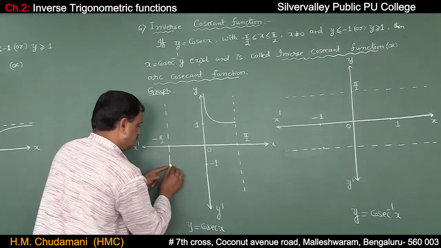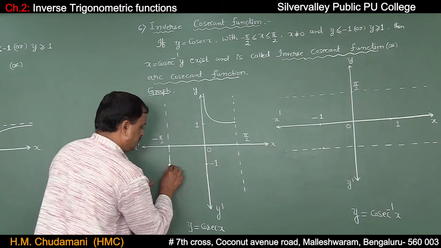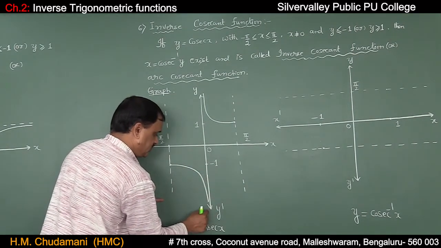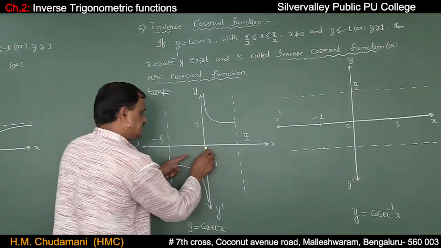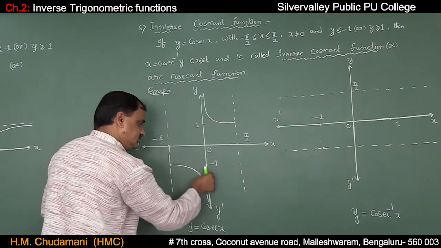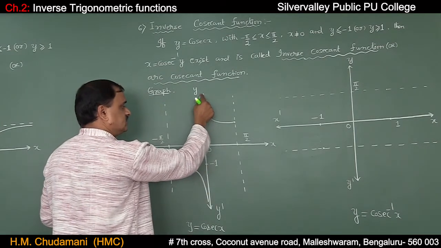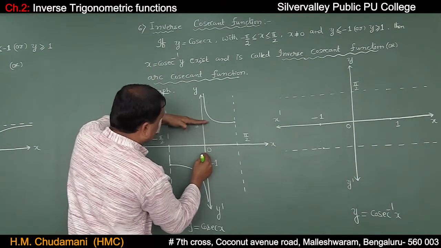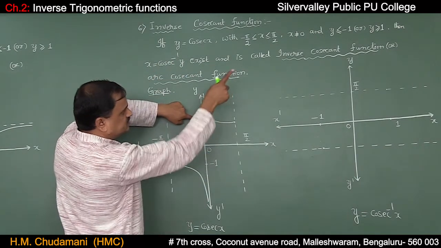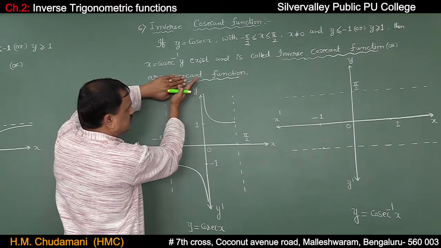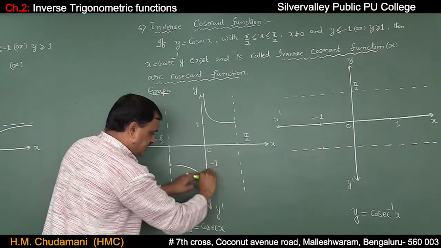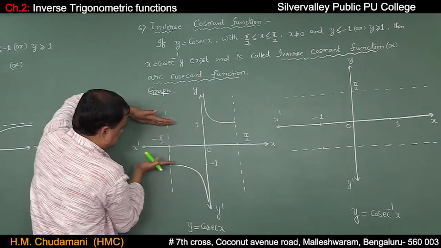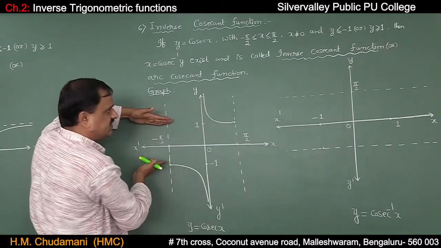Here also including pi by 2 and minus pi by 2 but excluding 0, right? X value, this is 0. The graph won't meet at 0. So this is plus infinity. So that means y greater than plus 1 and y less than minus 1. See here, in this interval between minus 1 and plus 1, we don't have any graph.